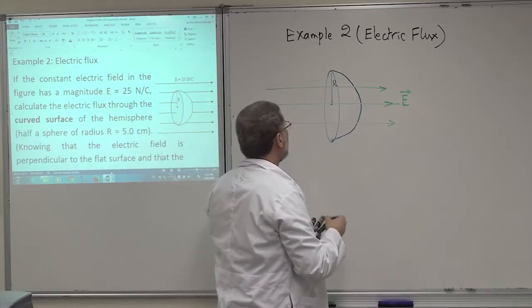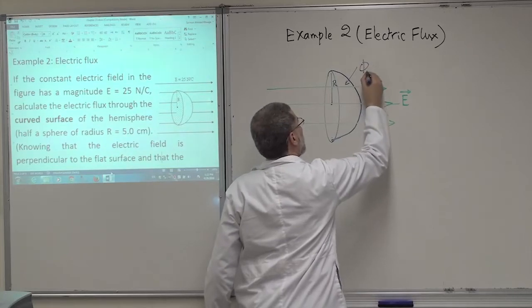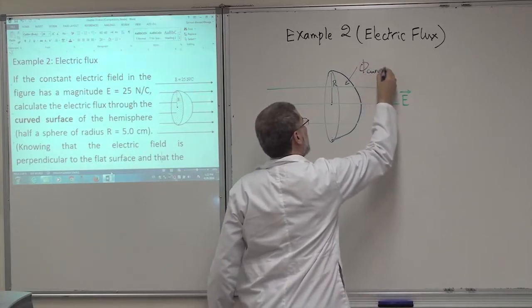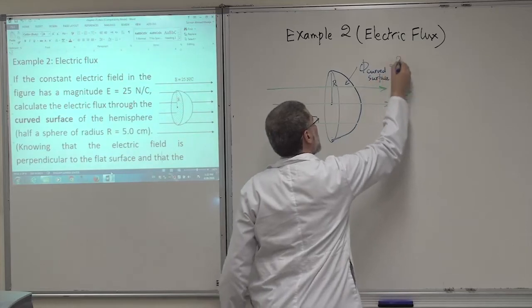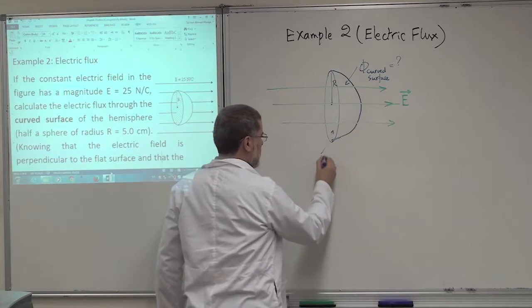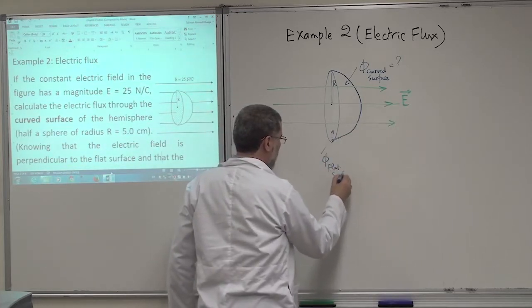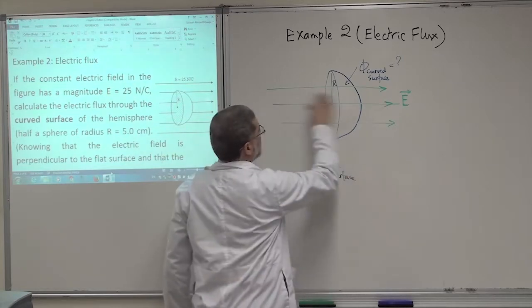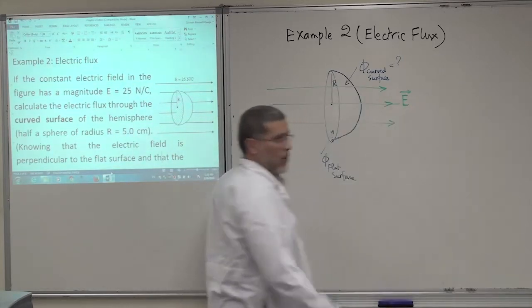Now, he wants the electric flux through the curved surface. So what is the flux through that surface? Of course, we also have a flux through the flat surface, because you can see the electric field is crossing the flat surface and the curved surface.